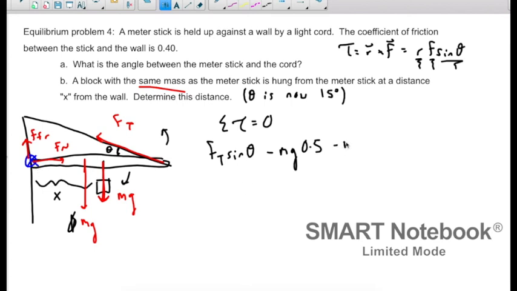And then minus mgx, where that x is what I'm trying to solve for, right? The distance that the point of contact of this force is from the axis of rotation. That equals 0. Rearrange this, of course, and we're going to get that mg times 0.5 plus mgx equals Ft sine theta.